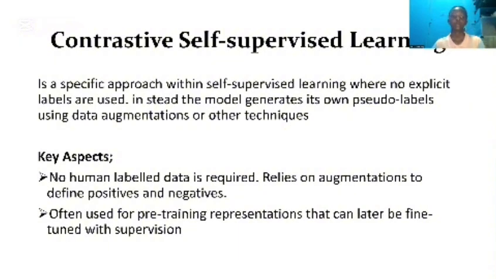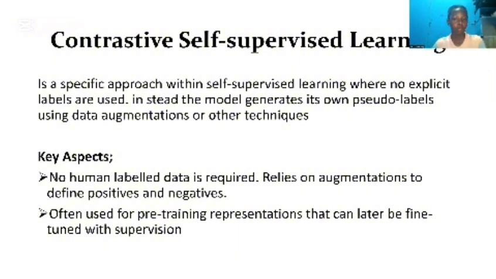So here, like I said, it's a specific approach within self-supervised learning where no explicit labels are used, but instead the model generates its own pseudo labels using data augmentations. We take note that contrastive self-supervised learning doesn't use human labeled data.